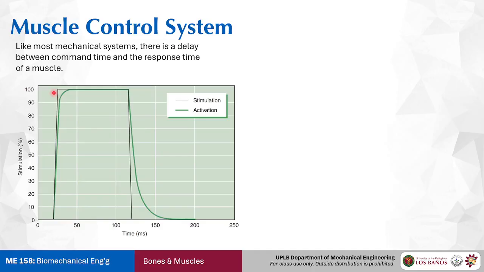So you input a pulse, or rather a temporary rectangular pulse here, and the muscle responds like this green signal here. So it's kind of like behaving like an overdamped system. It's delayed in rising and it's delayed in contracting.